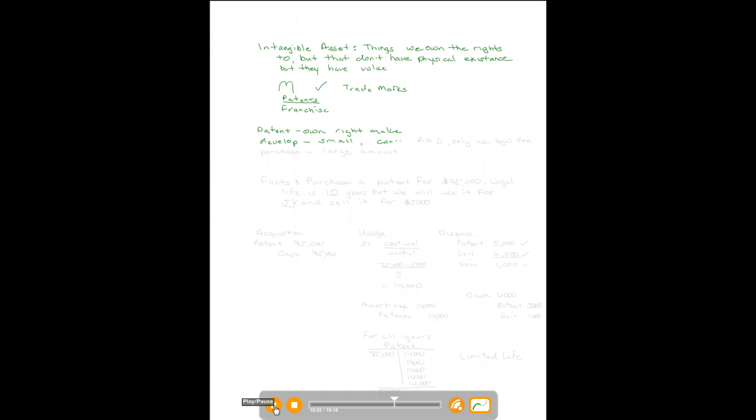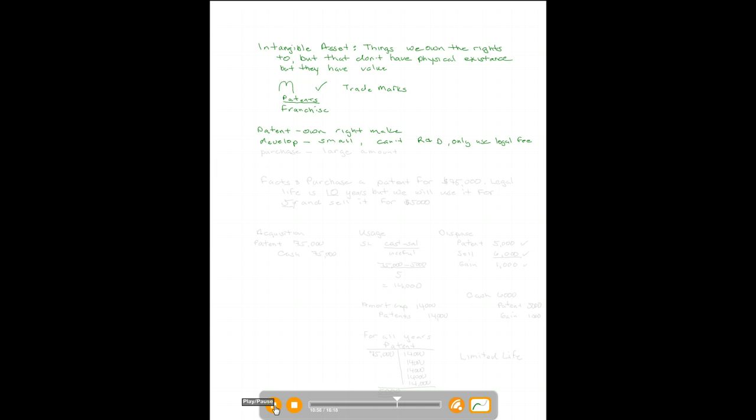You can't include whatever it costs research and development-wise to make this, because you don't know when you're doing that if there'll ever be a product that comes out of it. You can only use the legal fees. And usually that's not that much.